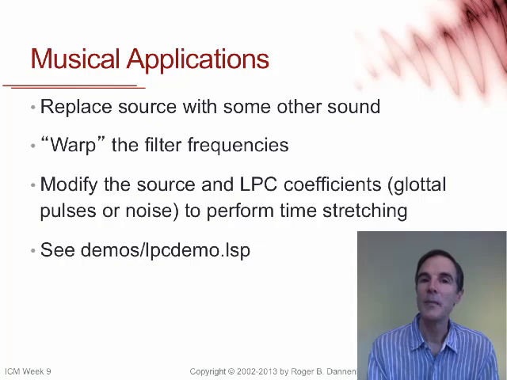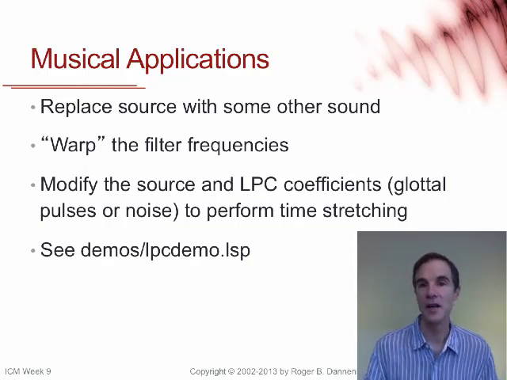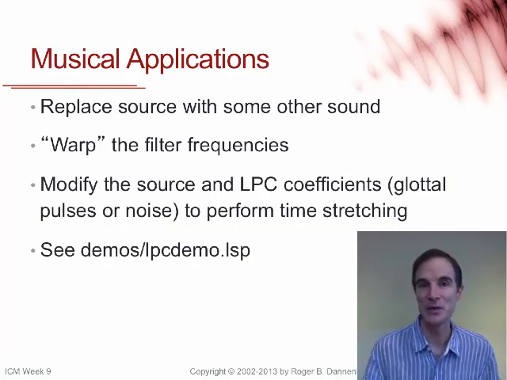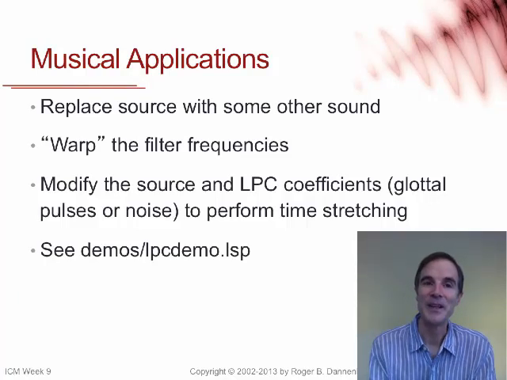There are many musical applications of voice sounds and source filter models. One thing that's very common and has been pursued by many composers, and a very interesting thing to do, is replace the source with some other sound.